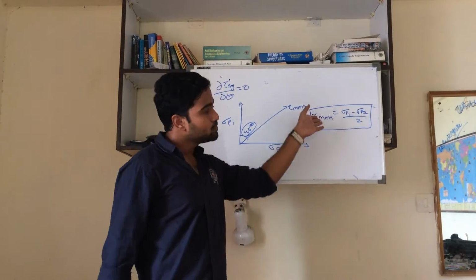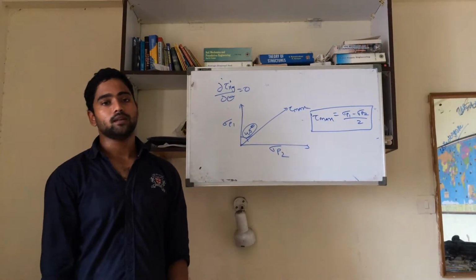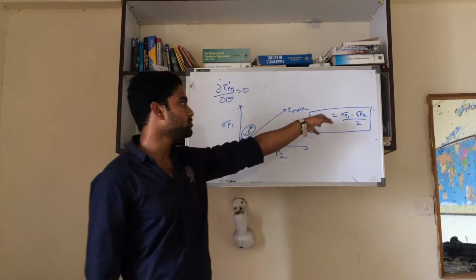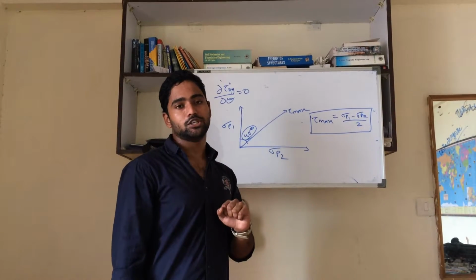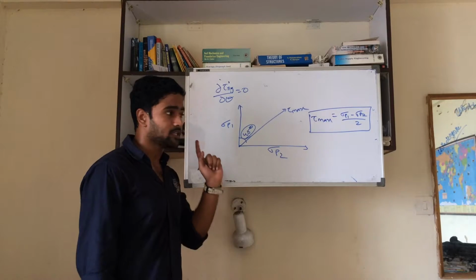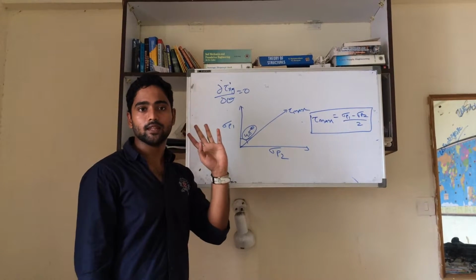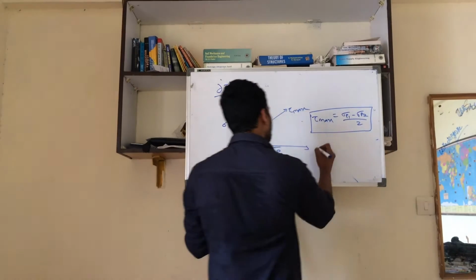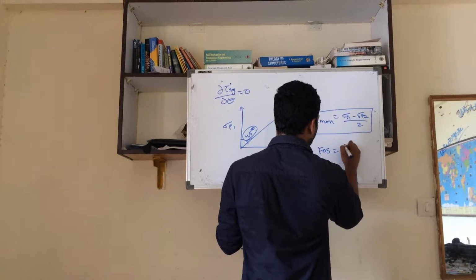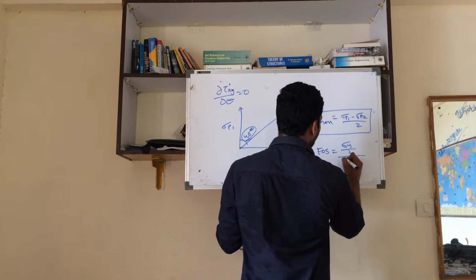Same thing for this one. Two such planes exist for the tau max plane also, and the absolute maximum of the two will be the maximum shear stress. This will be used in the maximum shear stress theory for designing a material. The factor of safety at that point would be equal to sigma y by 2 by tau max.